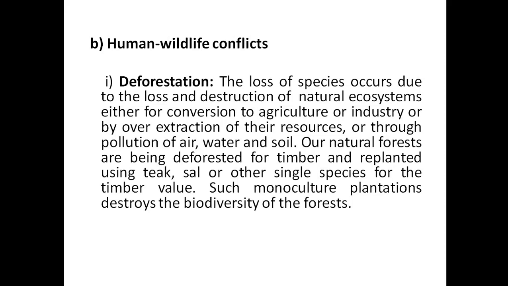You can see the loss of species occurs due to the loss and destruction of natural ecosystems, either for conversion to agriculture or industry, or by over-extraction of their resources, or through pollution of air, water and soil. Our natural forests are being deforested for timber and replanted using teak, sal or other single species for the timber value. Such monoculture plantations destroy the biodiversity of the forests.